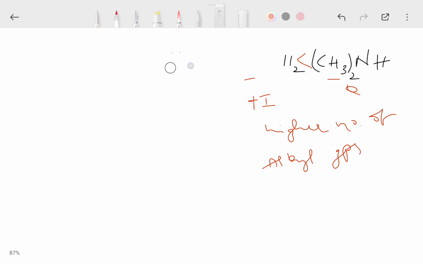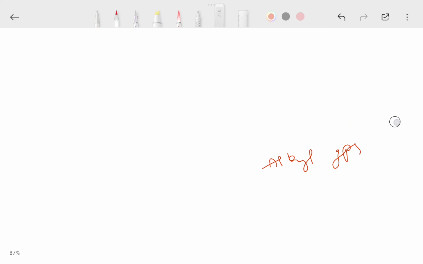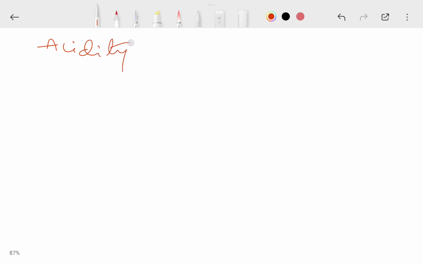And next, acidity of carboxylic acids. I already know that COOH is the functional group of carboxylic acids.